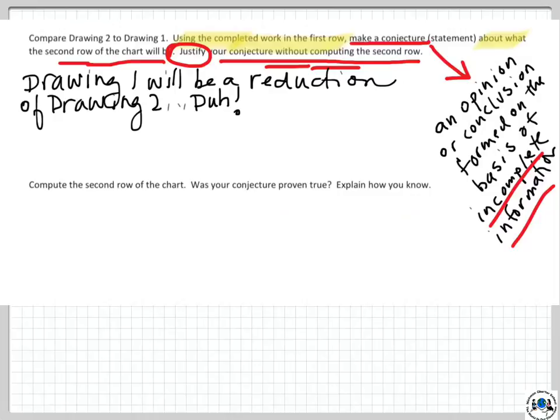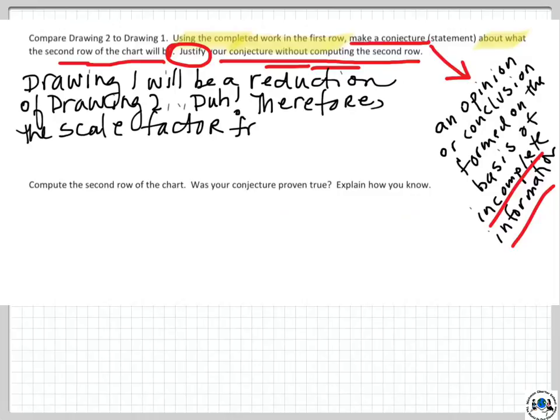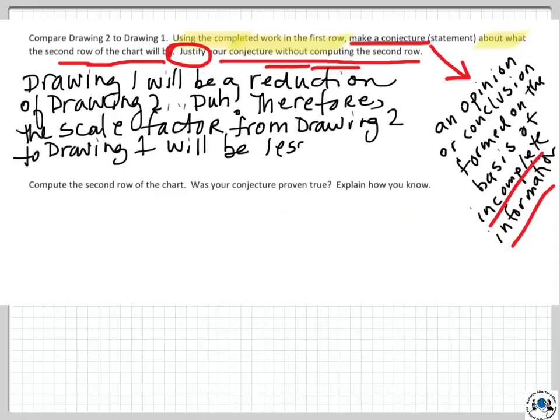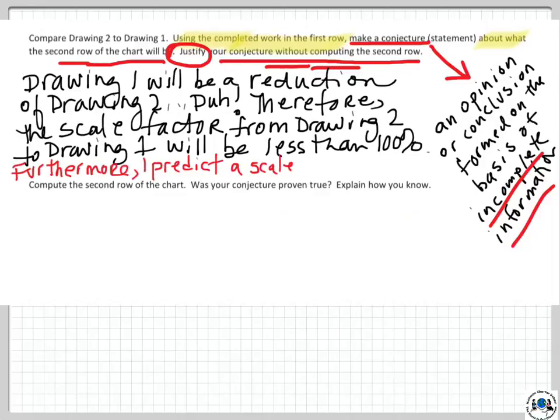Therefore, the scale factor from drawing 2 to drawing 1 will be less than 100%, which again is a big duh. So I have my second conjecture there. Furthermore, I wanted to predict a scale factor near 60%.